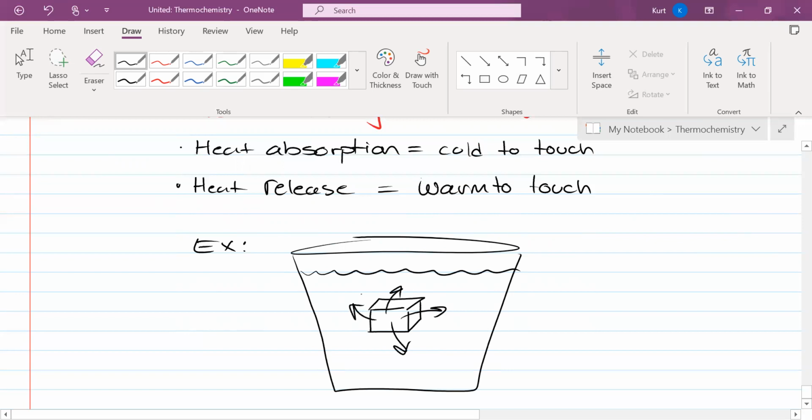When will this heat flow stop, Arshan? When they have reached or achieved equilibrium. So in this example, a very hot piece of metal is placed in a glass of water.